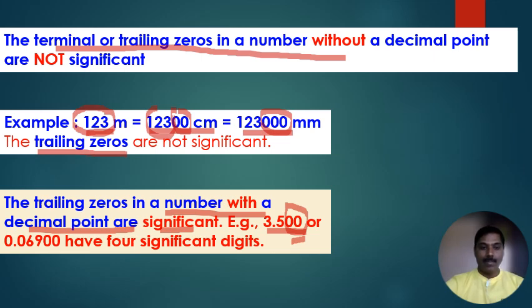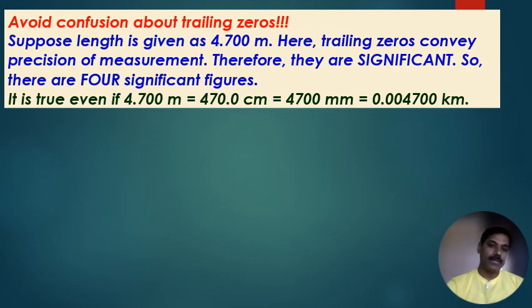And in the other example, 0.06900, the 6900 are significant, but the 0 behind the first non-zero digit, that is 6, is not significant.